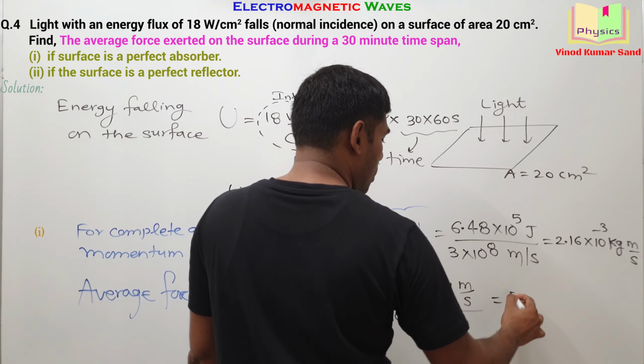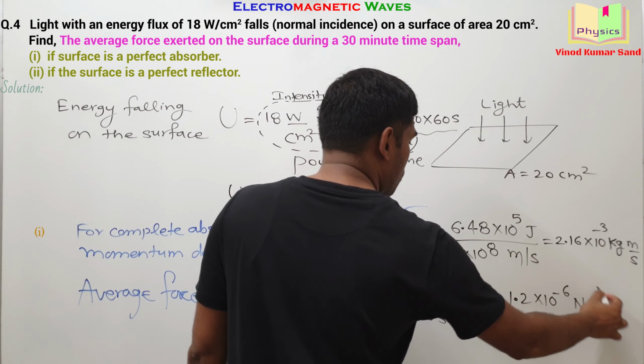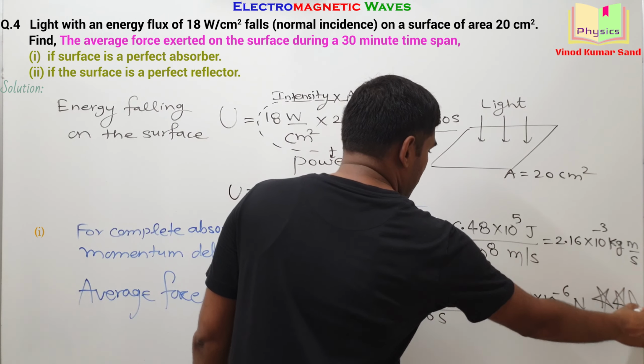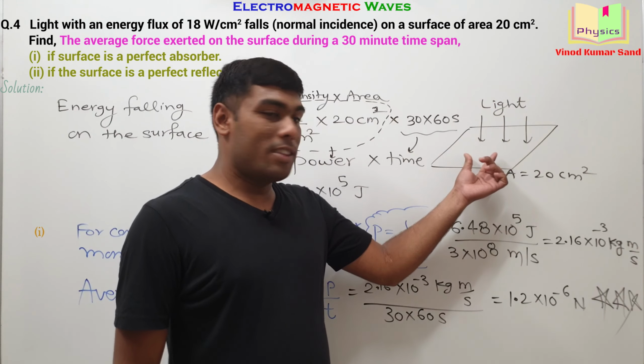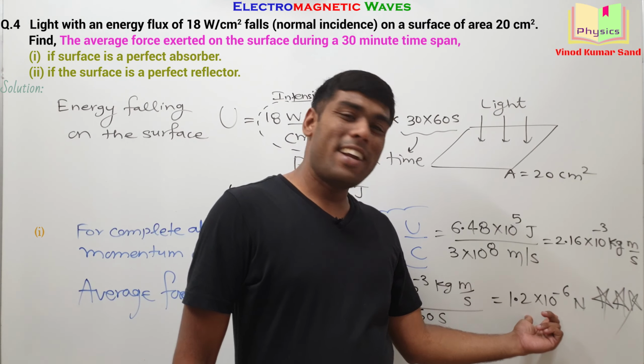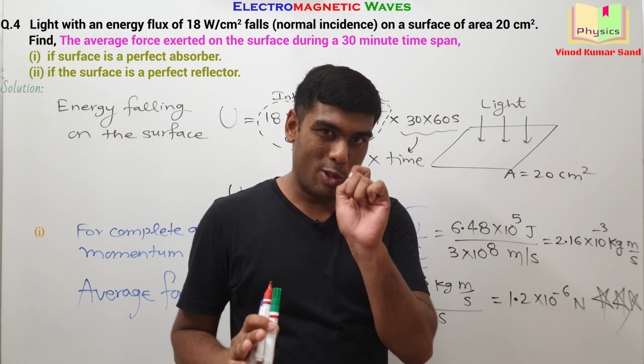Doing this computation we get 1.2 into 10 to power minus 6 Newton. An interesting answer. The light incident on this surface is creating a very tiny, very small force.